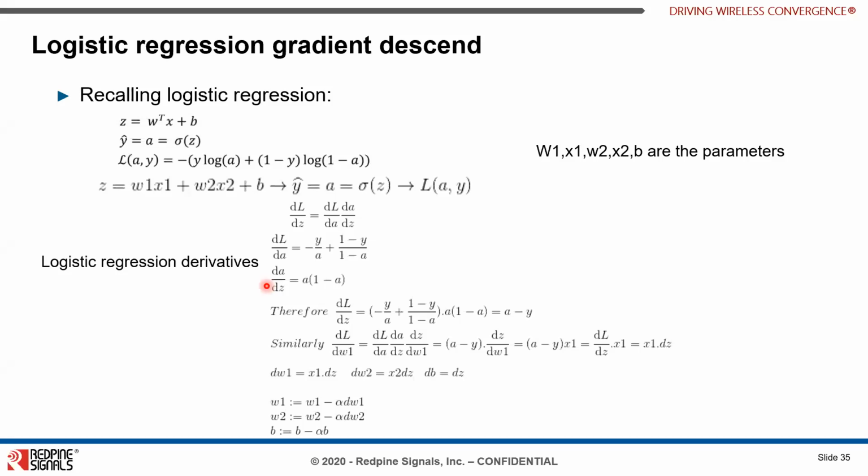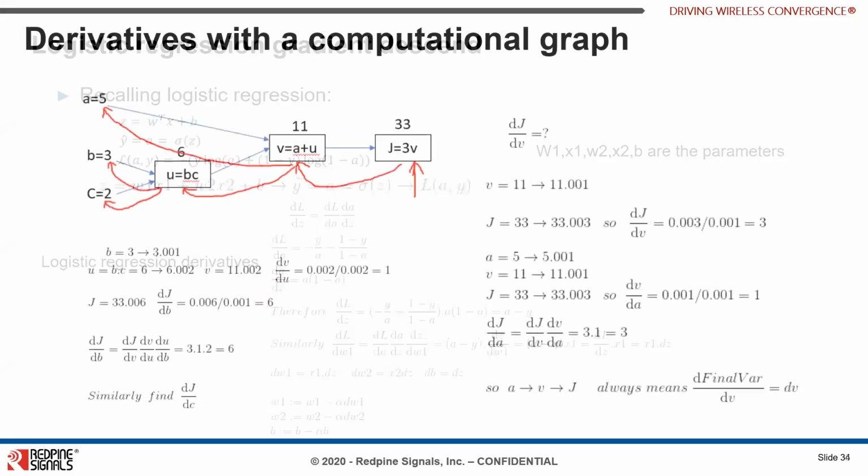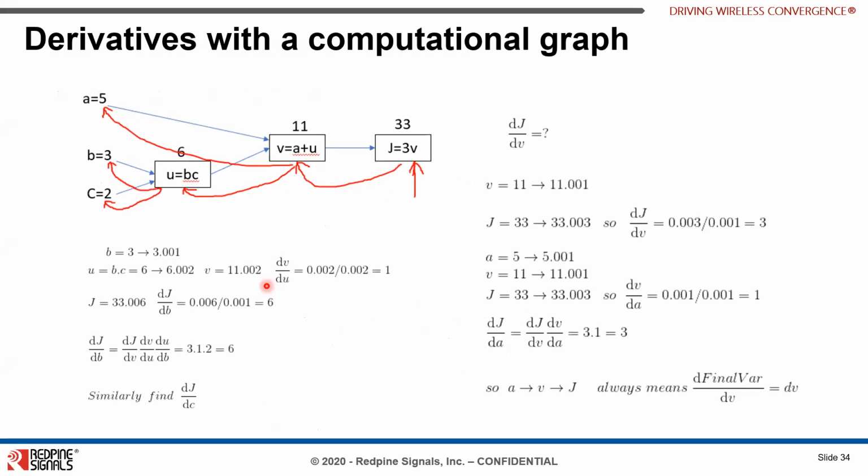Sir, Karimula wants to talk. Hello, sir. Will you go to the previous slide, sir? I understood that it will be calculated with the help of the slope, like height by width.